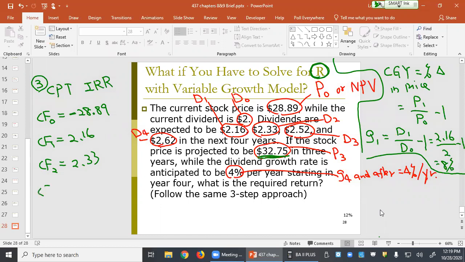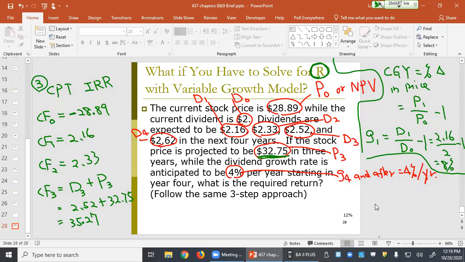We can assume that we will sell our stock at the end of year 3 at $32.75. The very last cash flow has 2 components, dividend and price for that year. So cash flow 3 needs D3 plus P3. D3 is $2.52. P3 is $32.75. Together, my cash flow 3 is $35.27.